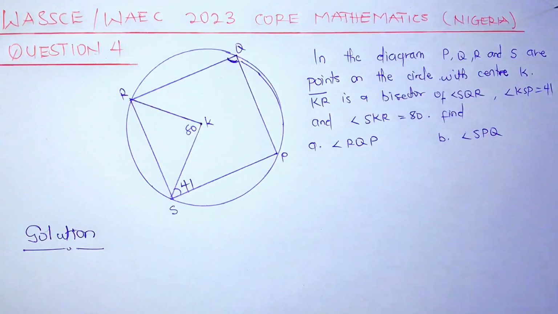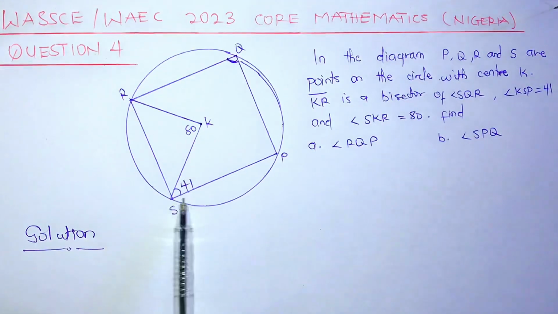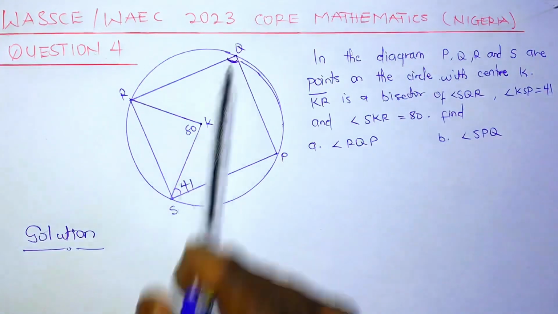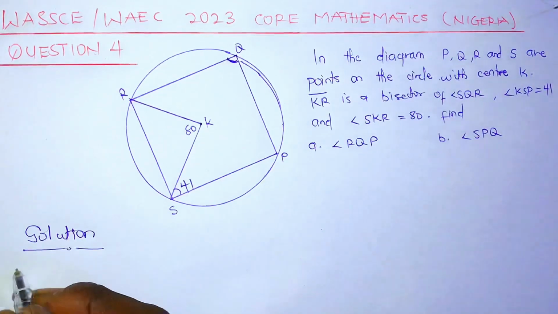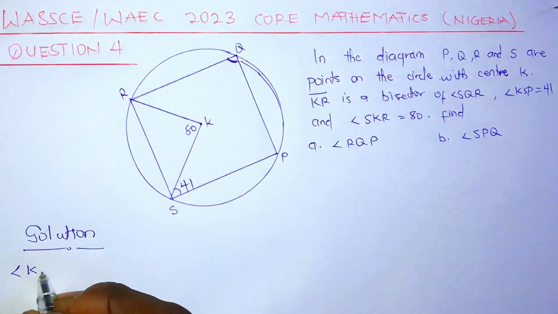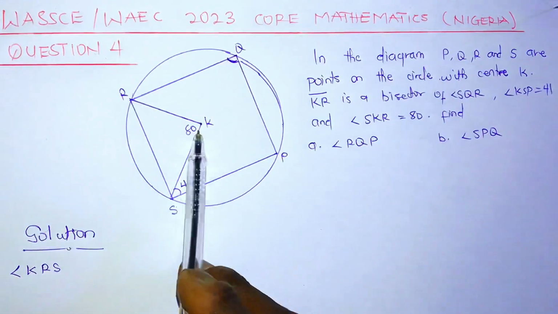Good. Now, for us to solve this question, we need a point here so that we can say that opposite angles here add up to 180, and we can find the angle at Q. So let's solve it. We say that angle KRS, this angle here.